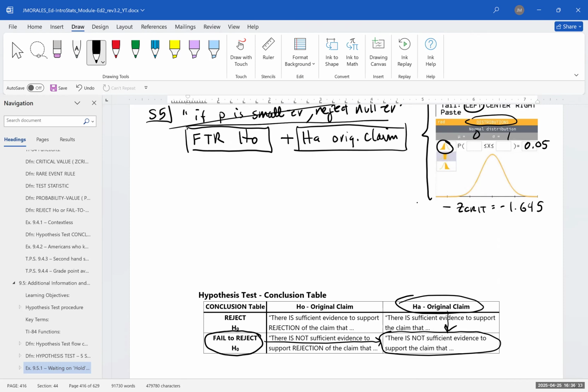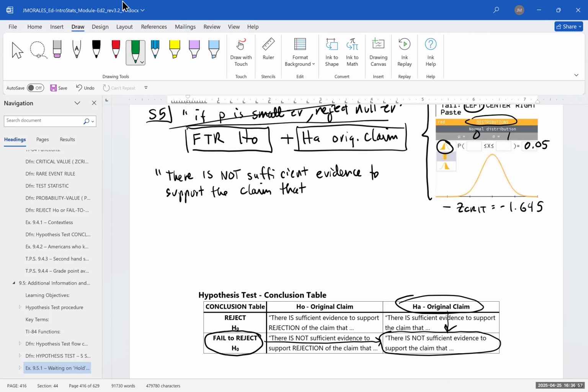So we'll start by writing: there is not sufficient evidence to support the claim that, and then we want to put what the claim was.